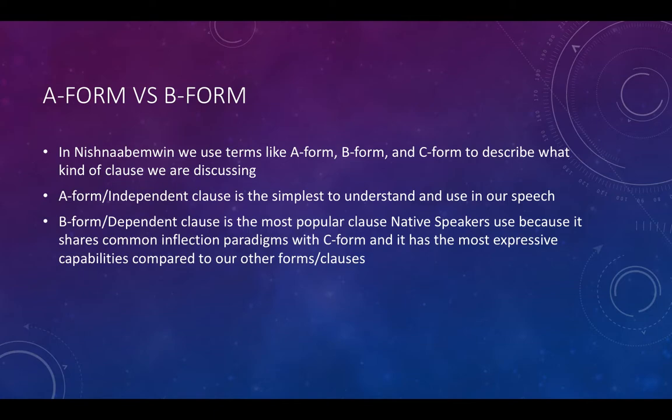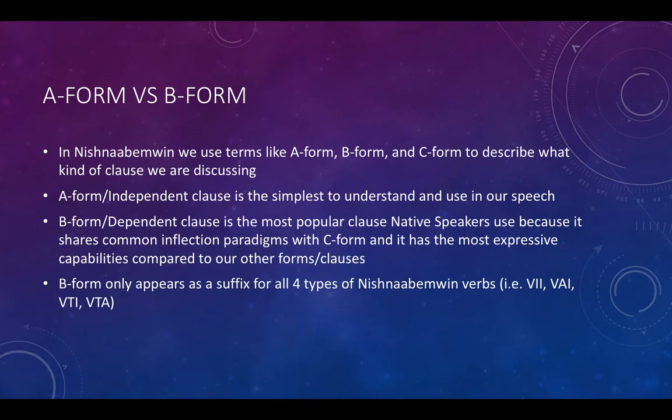B-form, or dependent clause, is the most popular clause native speakers use because it shares common inflection paradigms with C-form, and it has the most expressive capabilities compared to other forms or clauses. B-form only appears as suffixes for all four types of Nishnaabemwin verbs, i.e. VII, VAI, VTI, or VTA. For this course, we will not have time to learn about C-form.